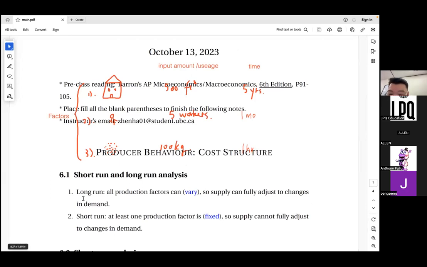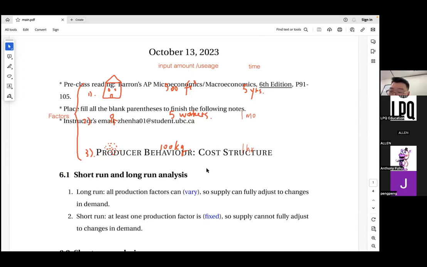But in the long run, if you get enough time, we don't need to specify how long a long run is. Just imagine you have enough time to increase the input amount of everything you need.